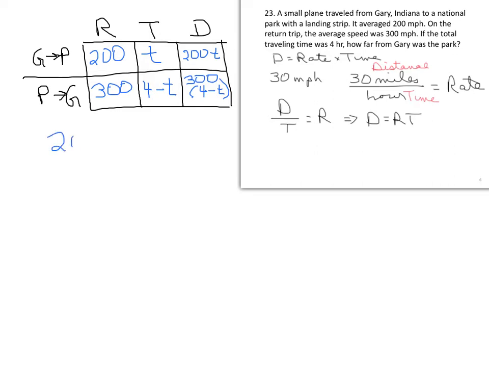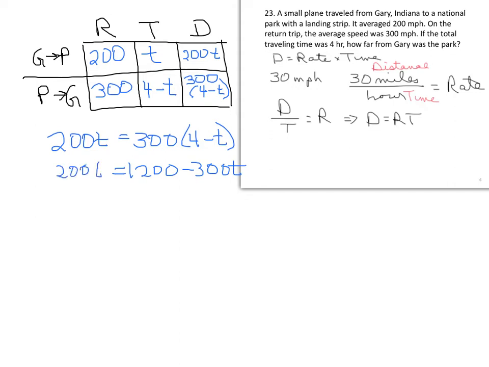So we can write the equation 200t equals 300 times 4 minus t. So let's go ahead and simplify the right side. And we can move everything from the right to the left. We're going to add 300t and subtract 1200.